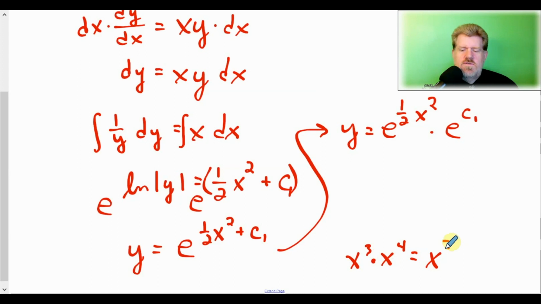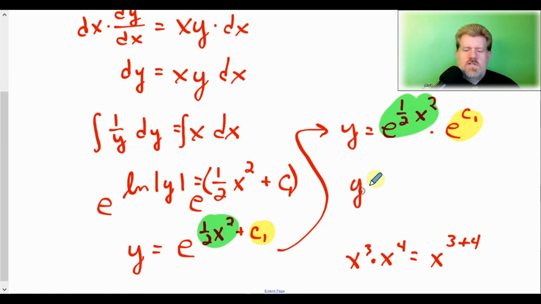Could I write it as x to the 3 plus 4? Sure I could. Same way this. This was 1/2 x squared plus c. So the 1/2 x squared is going to all stay here with this one. And then the plus c sub 1, those exponents become the e raised to those powers. So our final answer, and this is just a very common thing we do, we take that e to the c sub 1 and just make it another constant, a giant c.